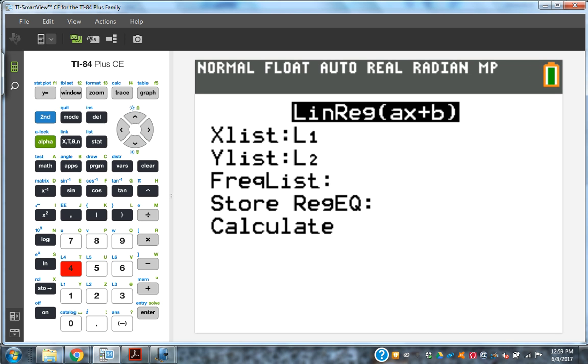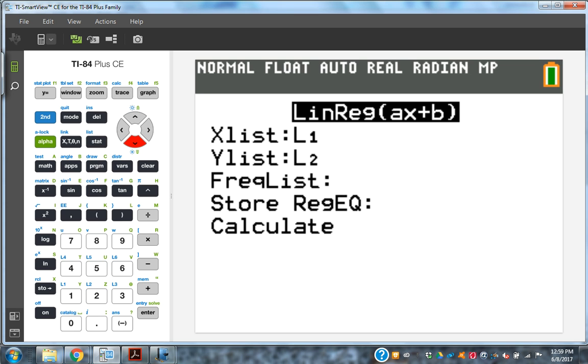If you're using the newest 84 language, list 1 should be X list, list 2 should be Y list. If they're not, you can hit second and then the number 1 to get list 1, second and the number 2 to get list 2. You don't need to do anything else other than go down and press calculate.